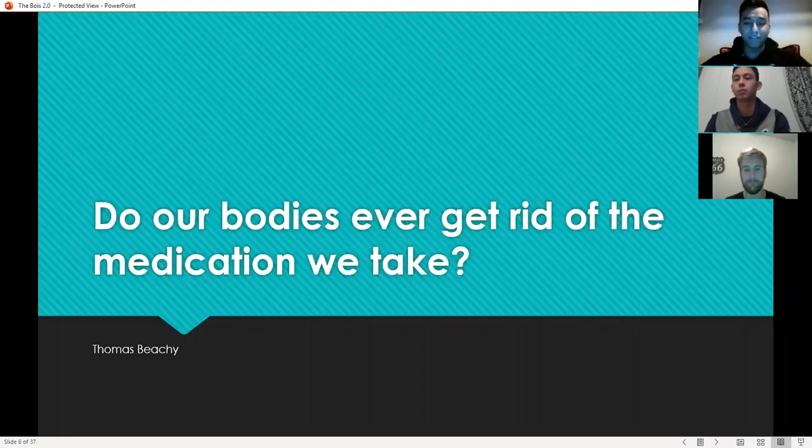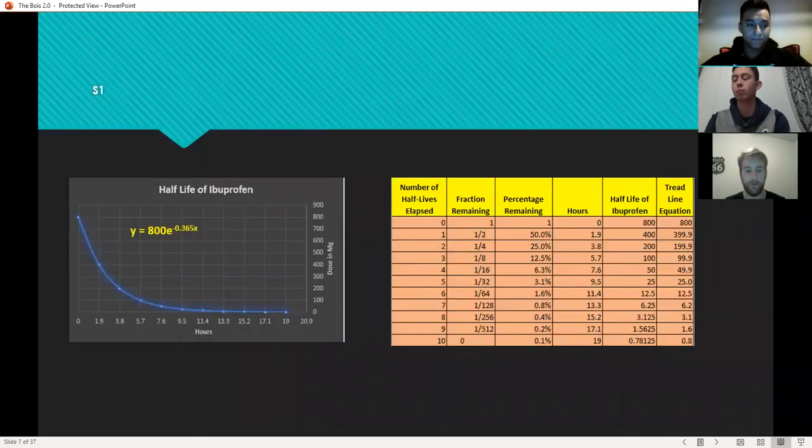Thomas, do our bodies ever get rid of the medication we take? As we can see in the half-life equations in the graph, we are gradually declining in the amount of medication that is in our bodies, and it's being divided by 2 with every 1.9 hours that elapse.